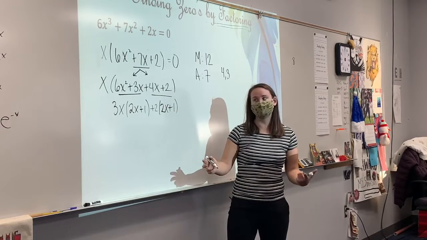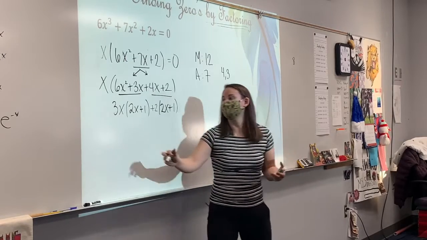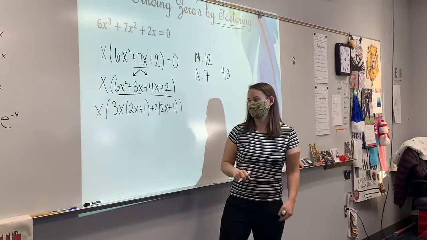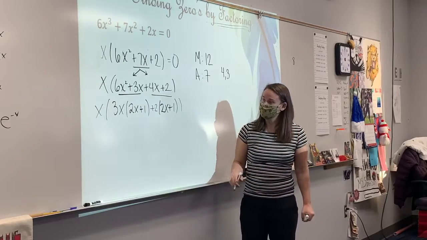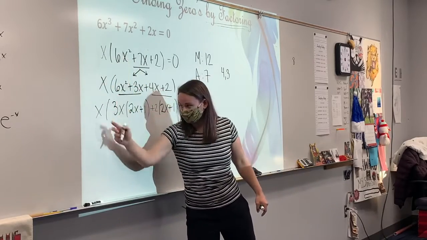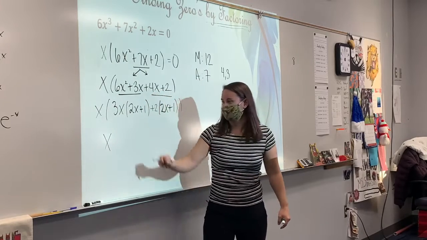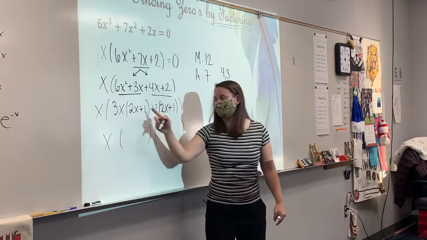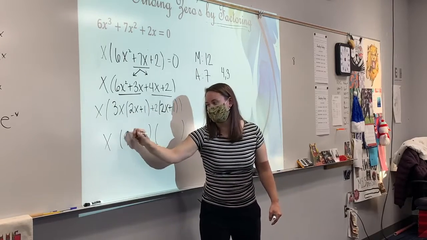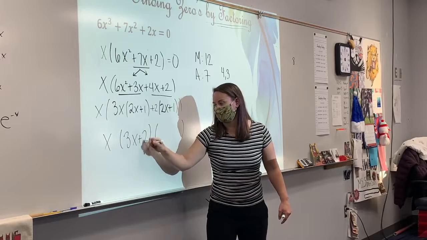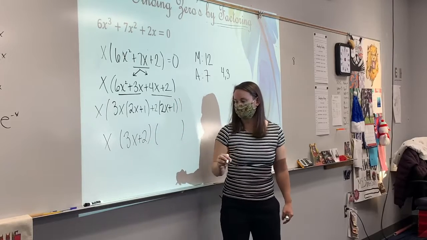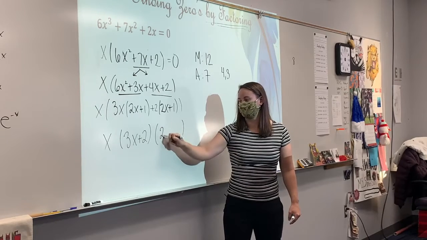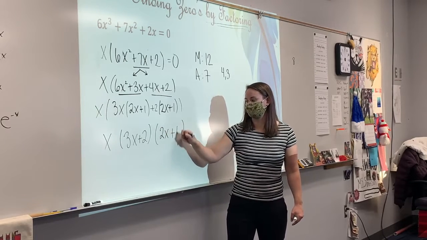Now, if you want to be really meticulous, you would drop down the x and you still have that. So again, I'm going to drop down that x, which has made no difference yet. And I've got a 3x plus 2. And what's my other binomial? 2x plus 1.